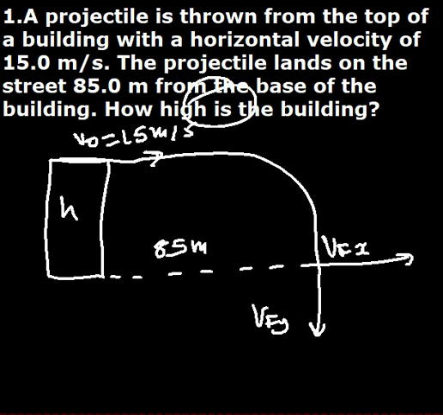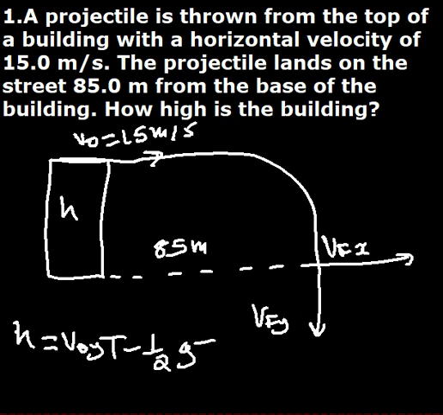The formula for the height of the building is the initial velocity along y times the total time, minus half g t squared. The initial velocity along y is 0 since the object was horizontally released, so we have negative half times the acceleration due to gravity, 9.81, times t squared. We don't know the total time.